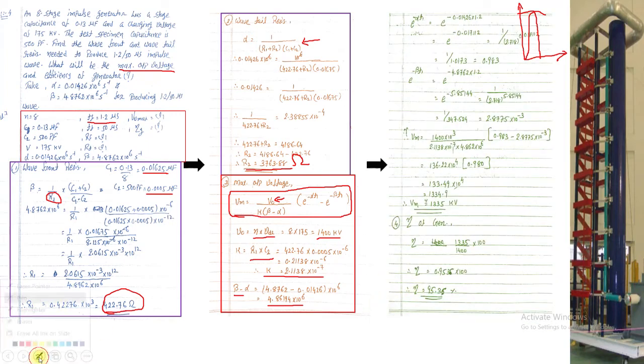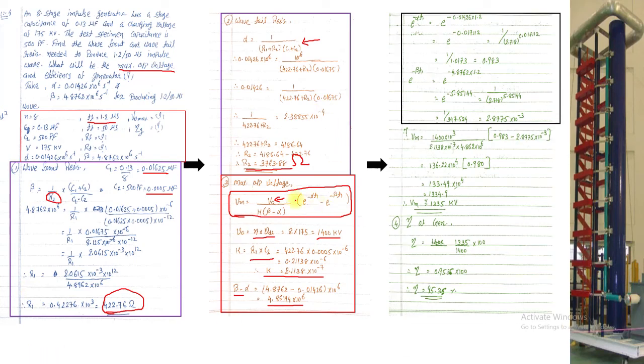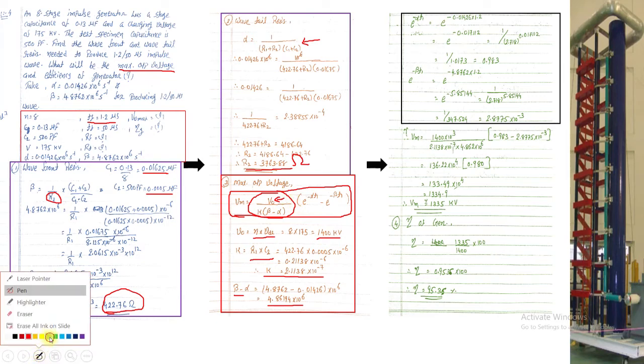So let me first wipe out this wave shape so that you can see. Okay, so now as you can see in our formula, we have done with this portion. So now let us calculate this bracket term.